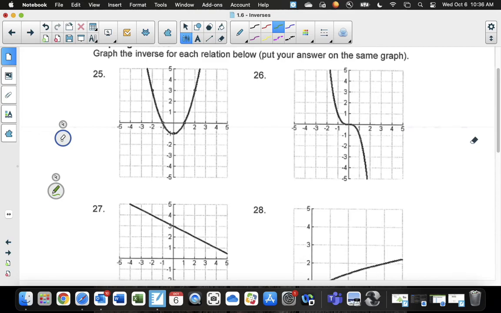First thing I'm going to put in here, they ask you to graph the inverse based off of the original function. So first thing I'm going to put in, y equals x. I'm going to put that dotted line in. That's that 45-degree line that goes through where all the x and y coordinates are the same. So it's got 1, 1, 2, 2, 3, 3, 4, 4. All of those points are on that line.